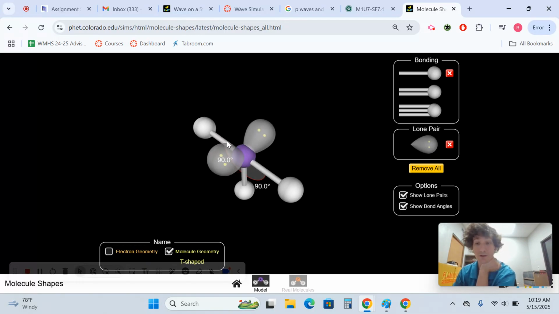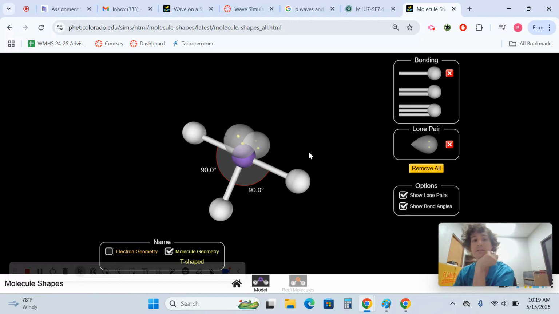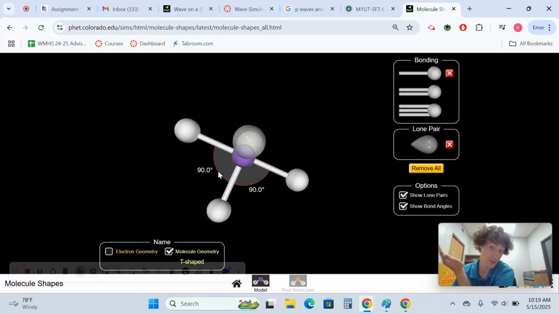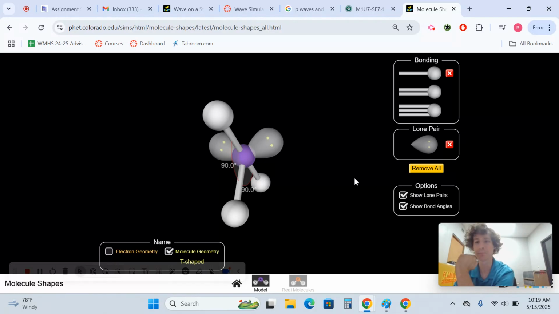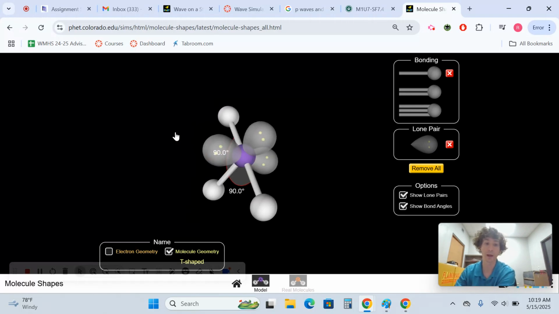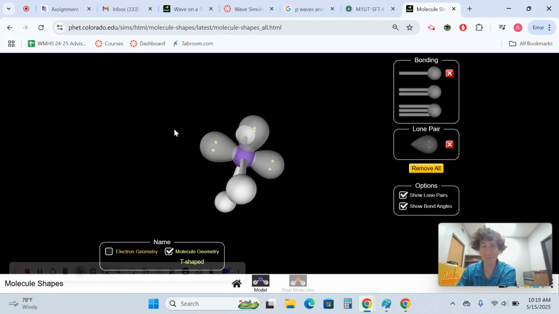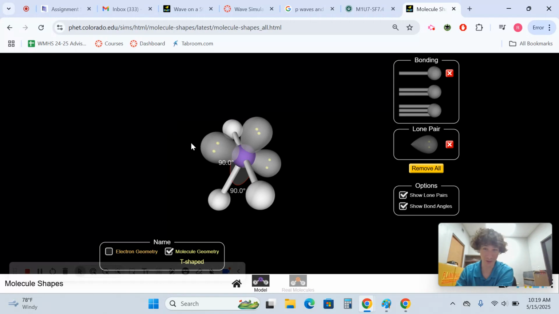So these lone pairs are further apart, angle-wise, and these three other things attached will form this 90-degree angle to each other, which creates a T-shape. So there are three things with two lone pairs. If you had one more lone pair, there's not a better configuration. It's still going to be T-shaped.